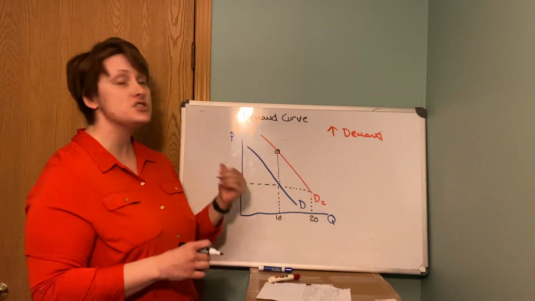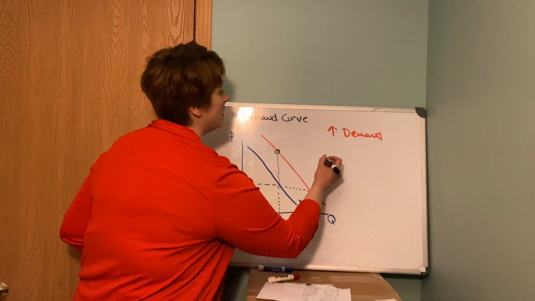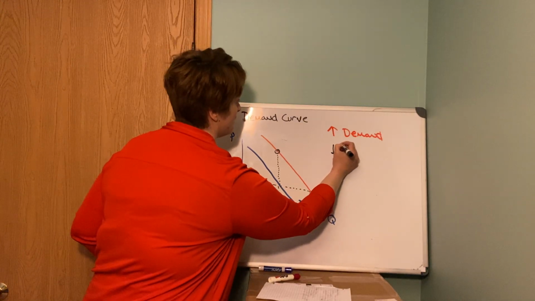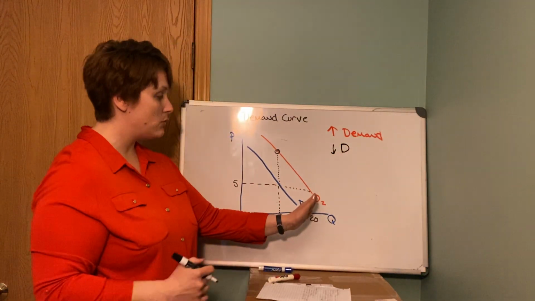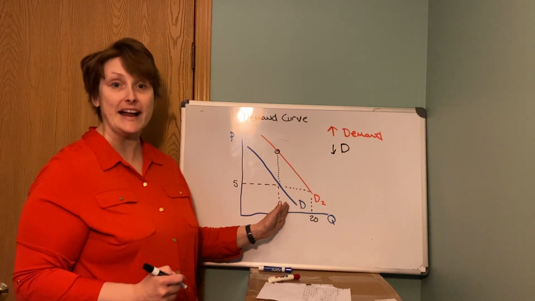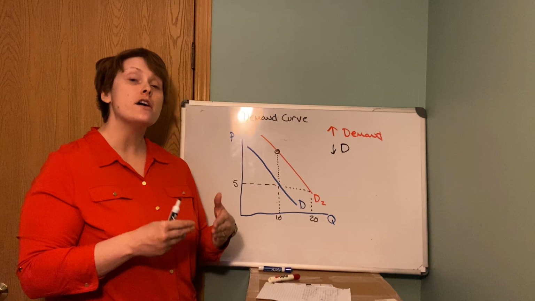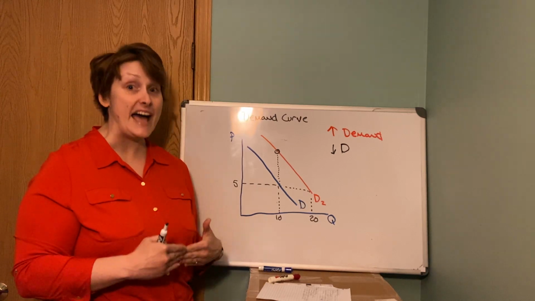A decrease is just the opposite of this situation. So if we have a decrease in demand, let's say we move from D2 back down to D1, that means that at all price points, we are willing to spend less.